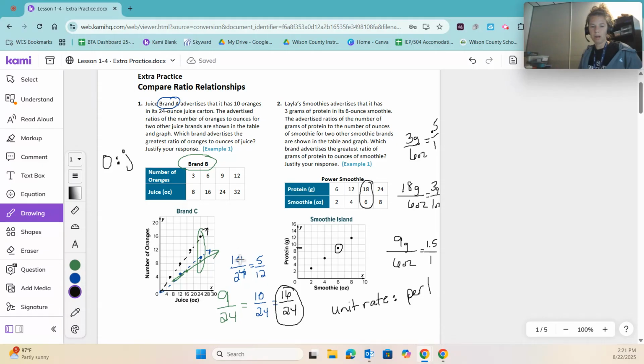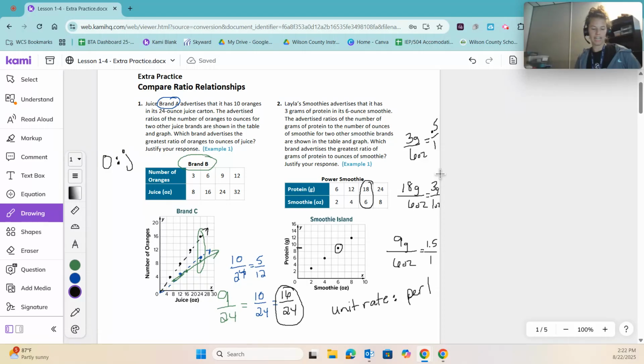So this other problem that we did, this 10 divided by 24, we could also find the unit rate there. That's going to give us a decimal unit rate. And so that's why I chose not to utilize a unit rate there. But 0.5 is a pretty easy one to use. And 3 grams and 1.5 grams.